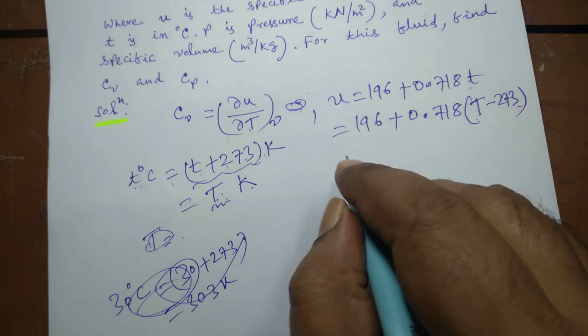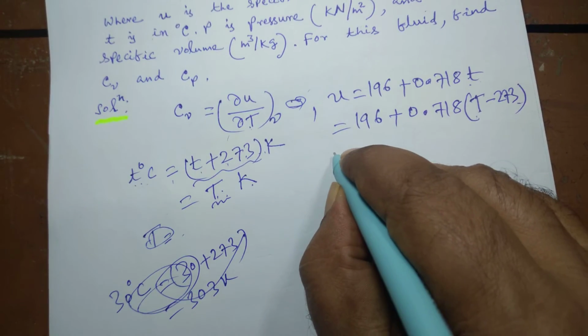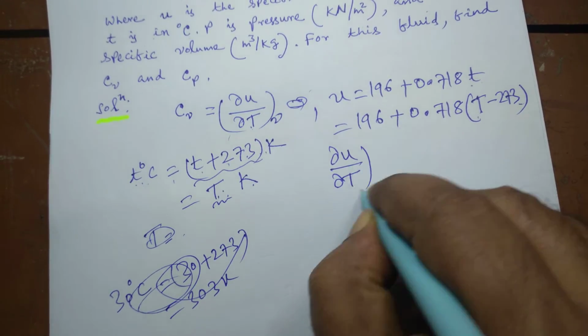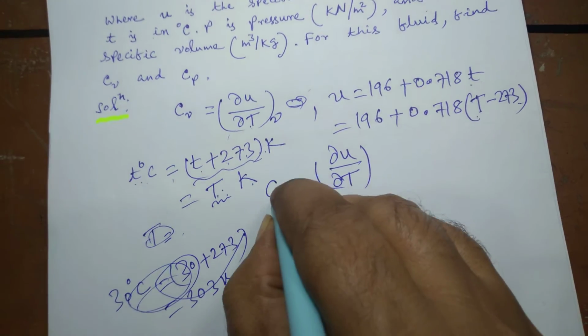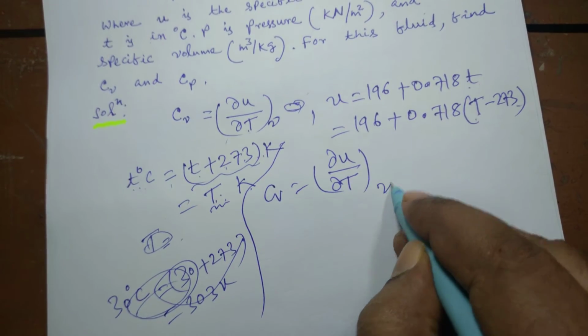So this should be, if you differentiate this, ∂u/∂T, this would be Cv equal to ∂u/∂T when volume is held constant.